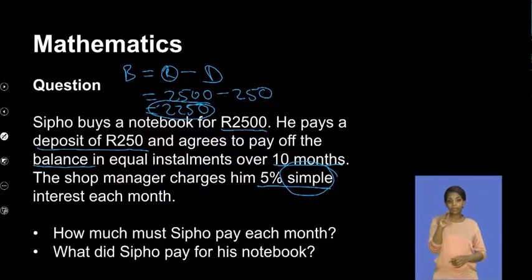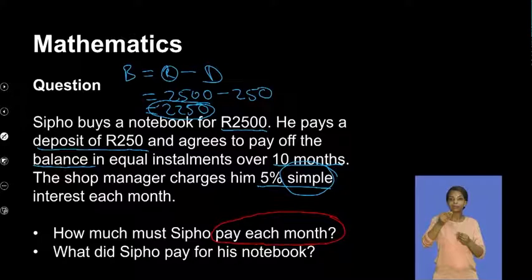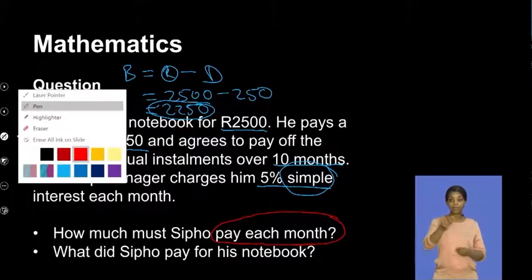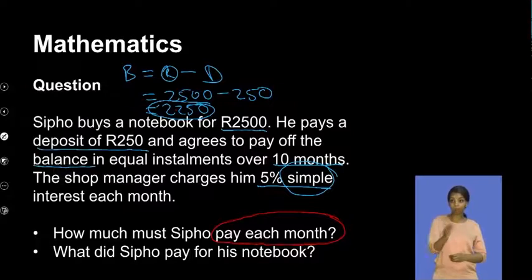So firstly, before we can look at how much SIPO must pay each month, we must first look at how much the interest will be on this amount that we have here. So the interest of the amount that we have here, which is our 2,250, was 5%, right?